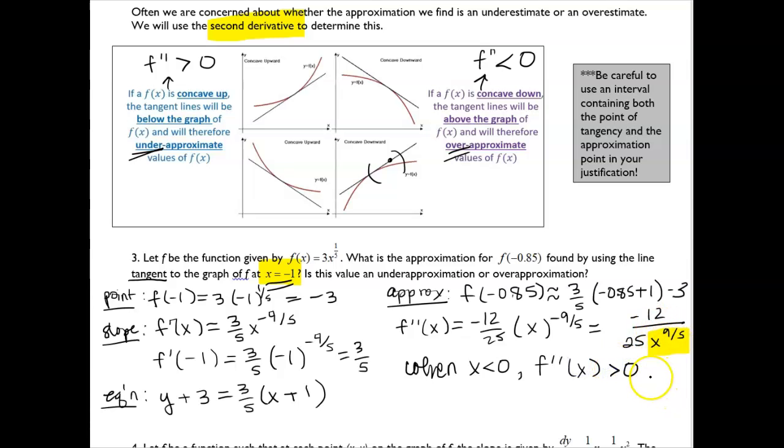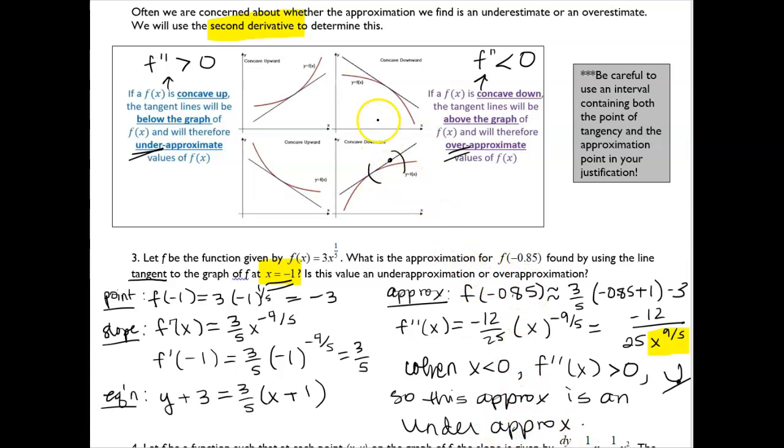This is positive. So this approximation is okay, and so remember here, greater than 0 means my graph is concave up, tangent line is below my graph, so this is going to be an under approximation or underestimate, either one is okay.